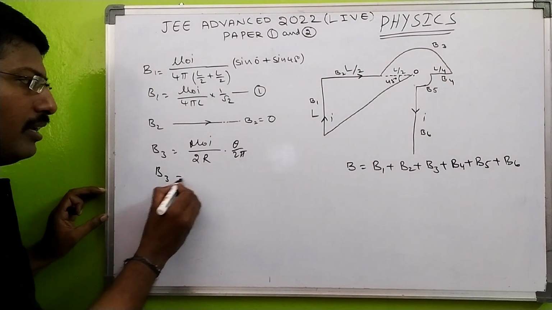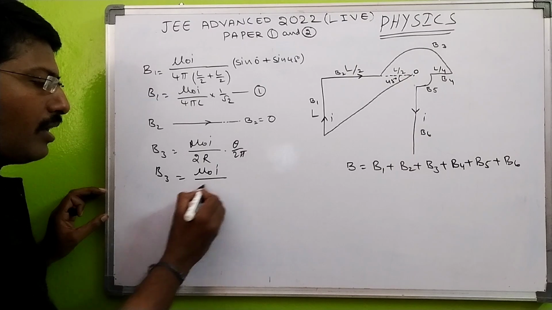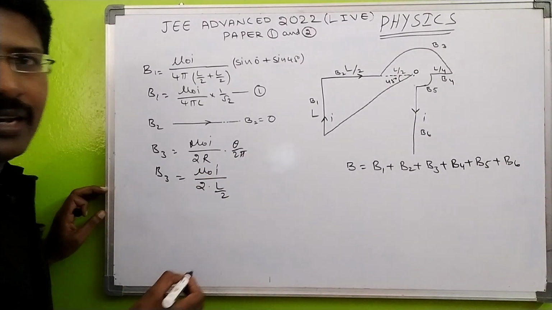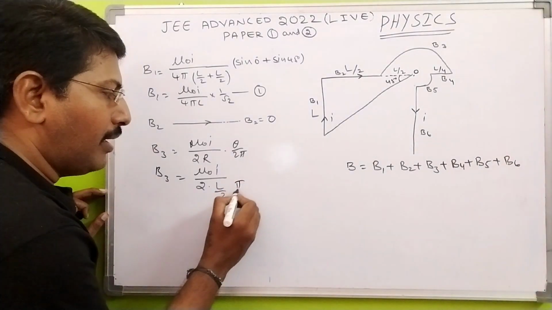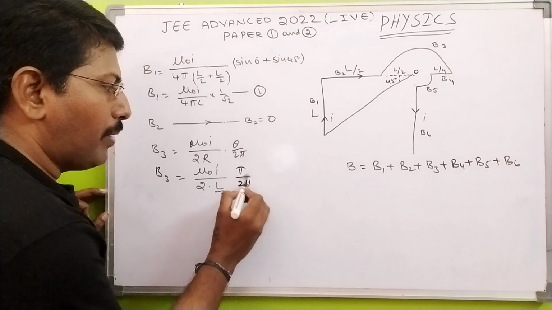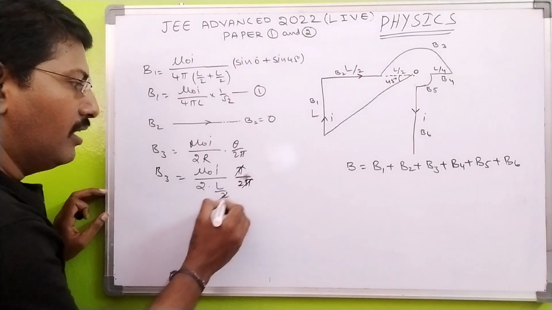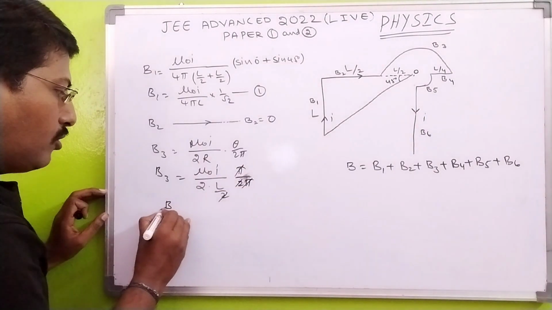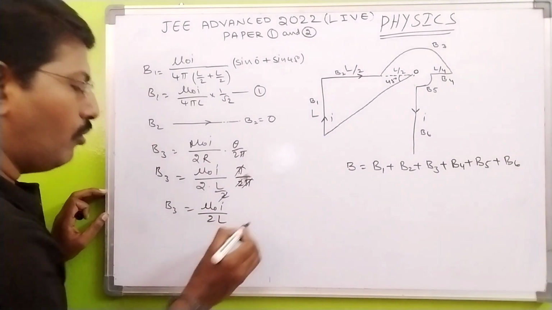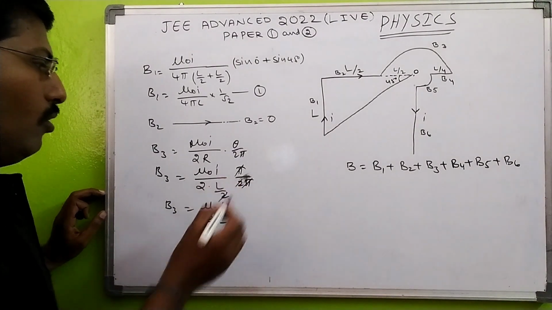That means B3 is equal to mu naught I by 2 times L by 2, and theta is given as pi by 2 pi. So this cancels, and here this cancels. So B3 is equal to mu naught I by 2L. Okay.